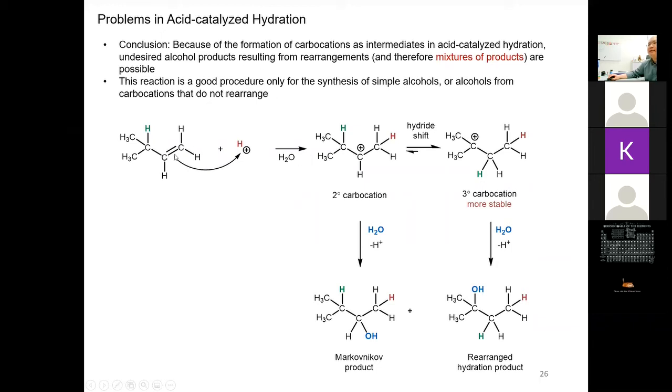Here, if you add a proton here and generate a carbocation, this is the normal Markovnikov hydration product, where OH is bonded here. But if the carbocation rearranges to generate a more stable carbocation, the green H will migrate to the middle one, and the more stable tertiary carbocation is generated. Then the water will attack the tertiary carbocation and remove a proton, giving this rearranged hydration product.